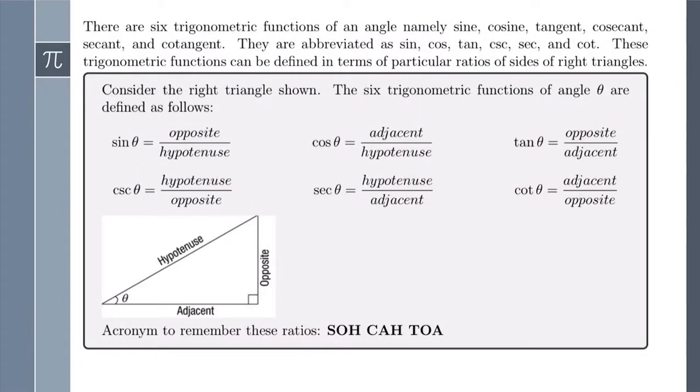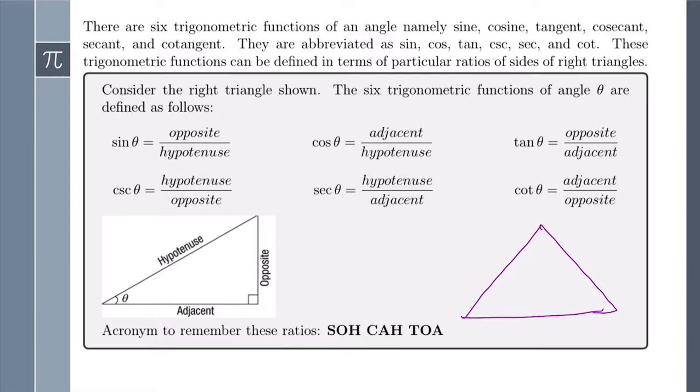Before I move on to the definition of these trigonometric functions or ratios, one important thing we need to know is a convention when we look at a triangle. Let me draw the triangle.